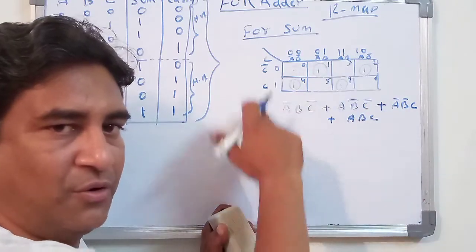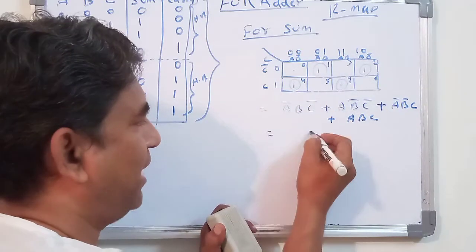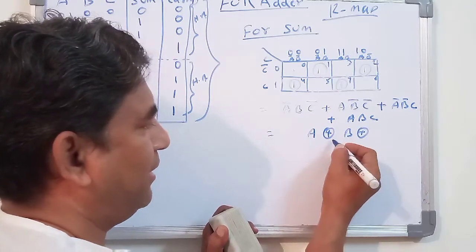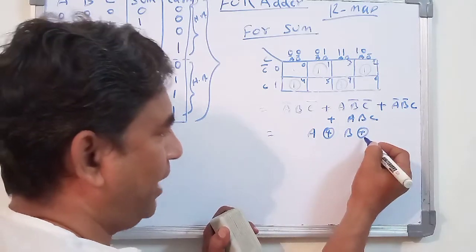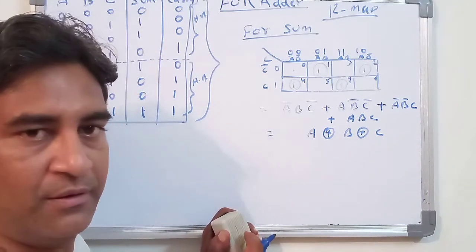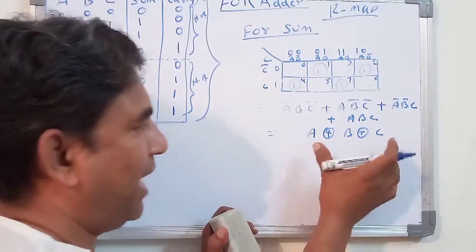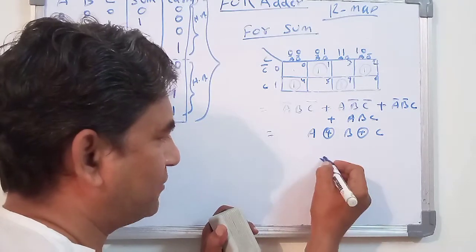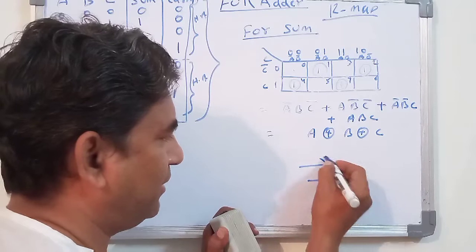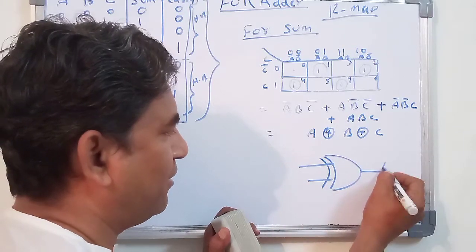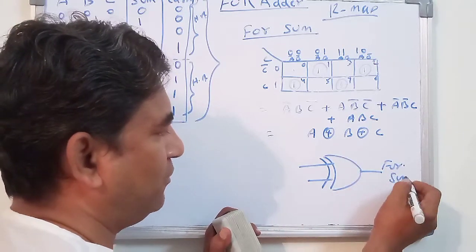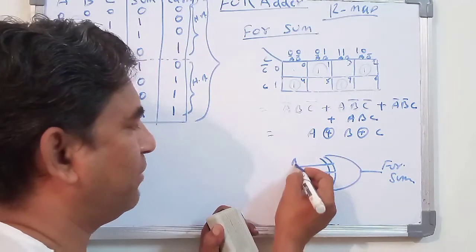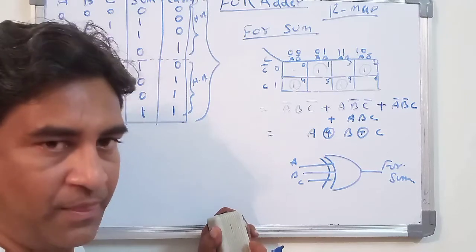After solving this whole equation, you will be getting the value A XOR B XOR C. Okay, directly you will be able to design. It is for the XOR gate, means sum is related with the XOR gate. For the sum, you will be obtaining the value. As it is having 3 variables, you may write down A, B and C.